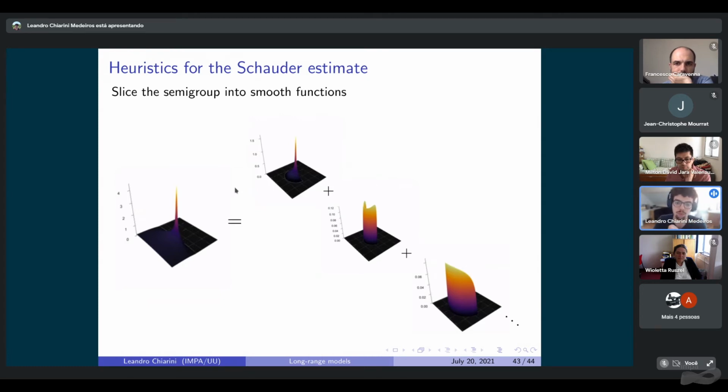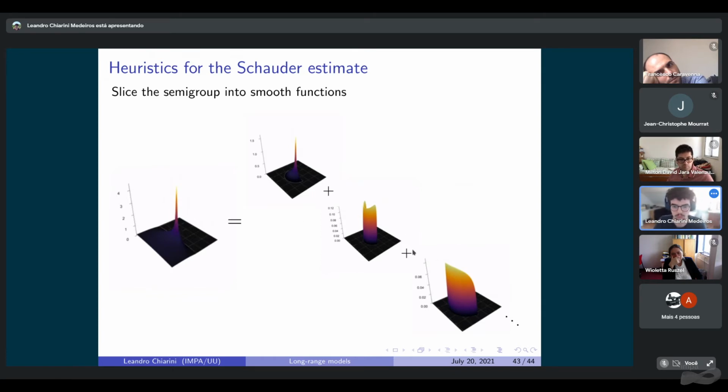If you have the heat semigroup, say for the Laplacian itself, this is a smooth function with exception of the origin, and it has some nice self-similarity properties as well. So what he does there is to write this function, the semigroup, as a series of smooth functions, both in space and in time, and they're all perfectly smooth.